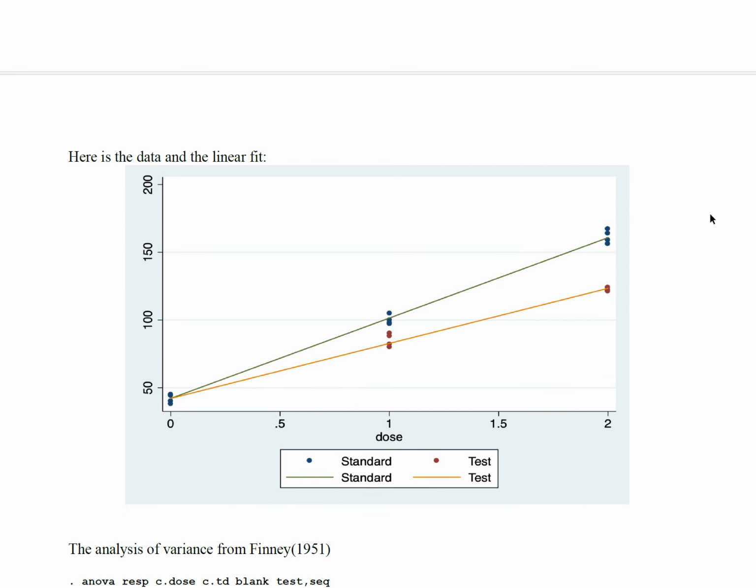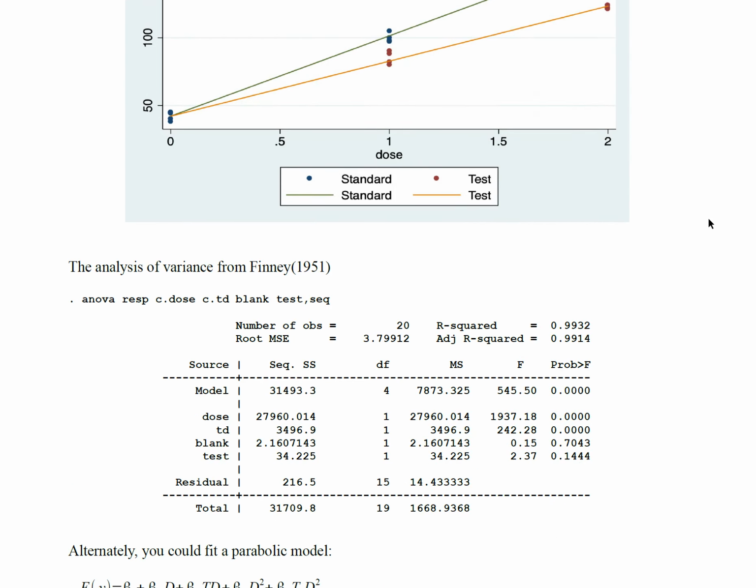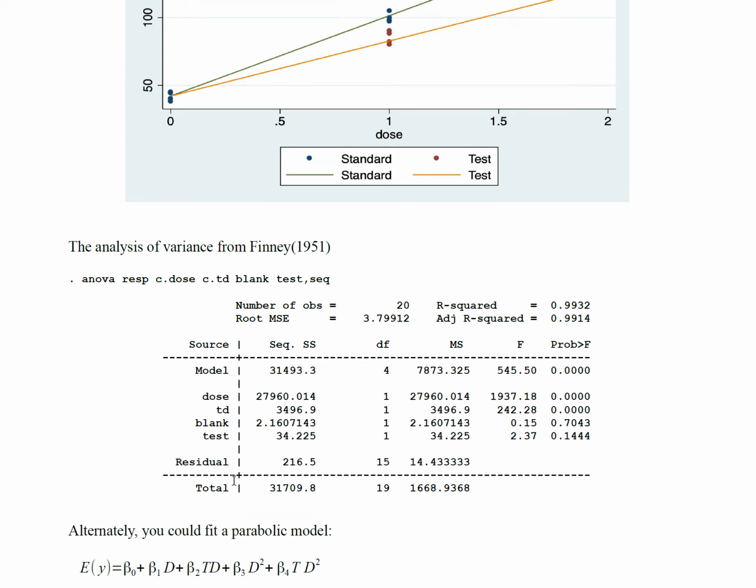And in data, we can reproduce what is given in David Finney's article, and I'm including it here for you. There are 2 tests of significance associated with whether or not we should be assuming that these two lines emanate from a point.